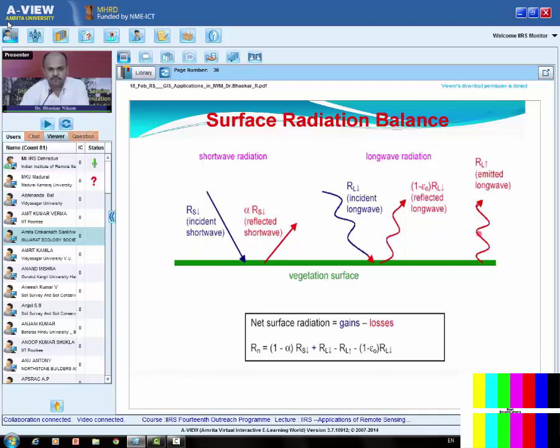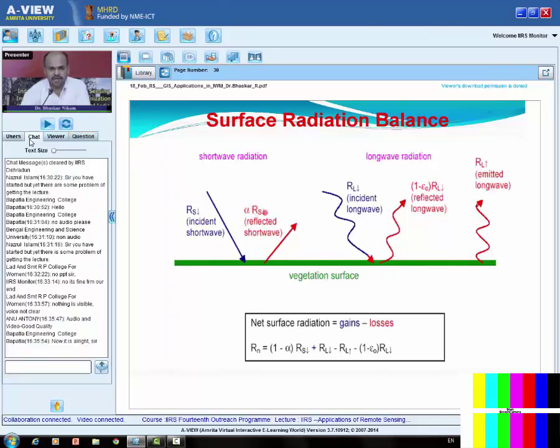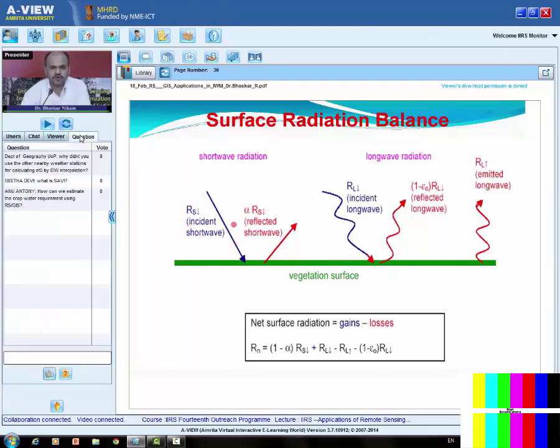So I have 5 components to solve, which are short wave incoming, long wave incoming, short wave reflected outgoing, long wave reflected outgoing, and long wave emitted outgoing. Now as you can see, albedo is nothing but short wave reflected outgoing divided by short wave incoming.